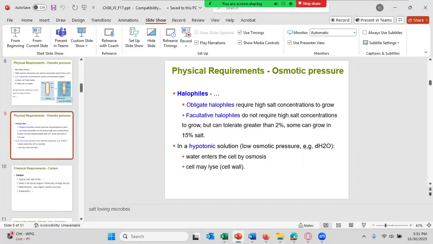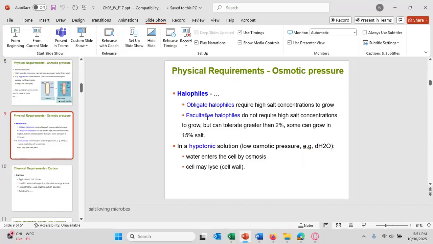All right. Halophiles are organisms that like to live in salt. Phile means lover, and halo means salt, so literally it means salt lover. There are two types of halophiles. Obligate halophiles require high salt concentrations in order to grow. If you take them out of the high salt concentration, the organism will not grow, if it remains alive. There are also facultative halophiles.